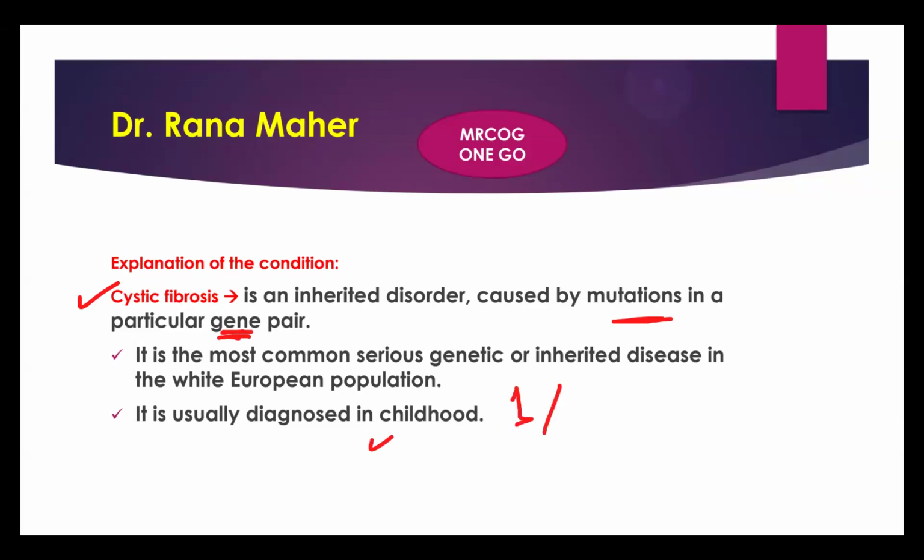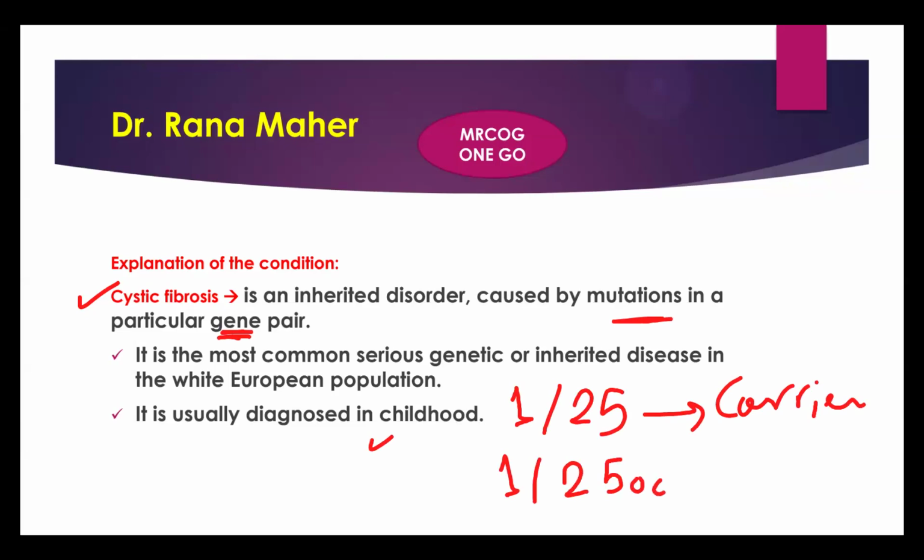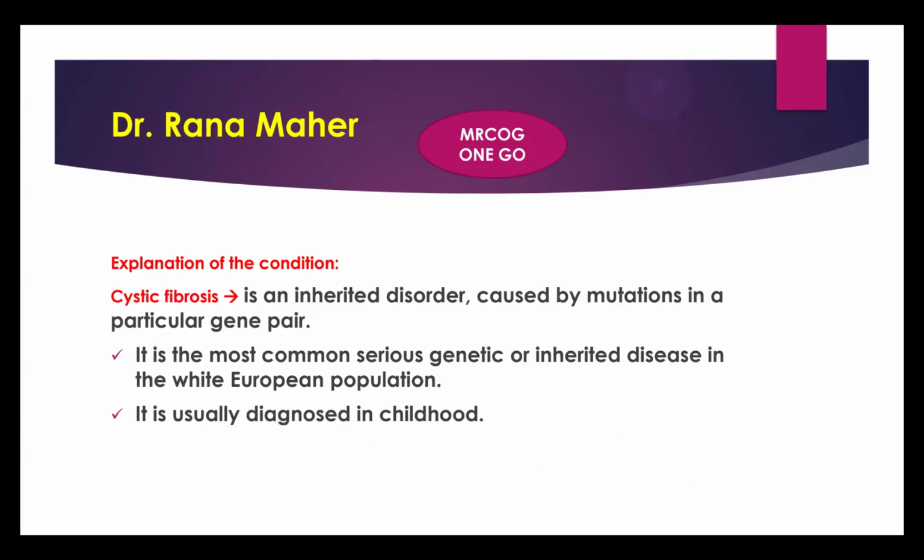It's around 1 in 25 a carrier, so it's quite common, and 1 in 2,500 affected, or 3,000 in some papers. So that's why cystic fibrosis is very important here. We even have clinics for cystic fibrosis only because of the chest infections. So it's very important to cover.